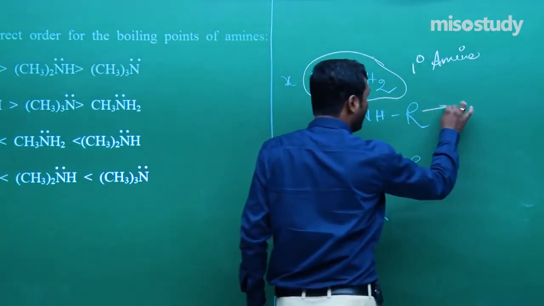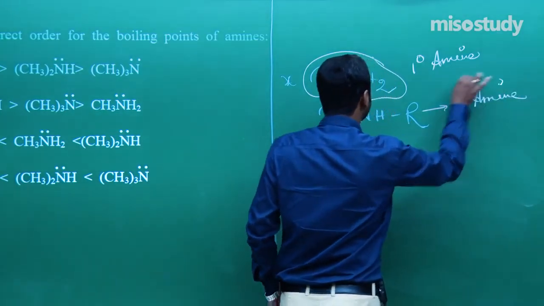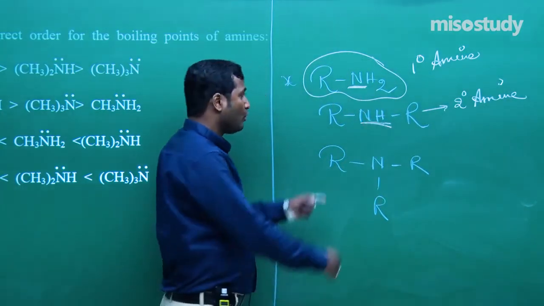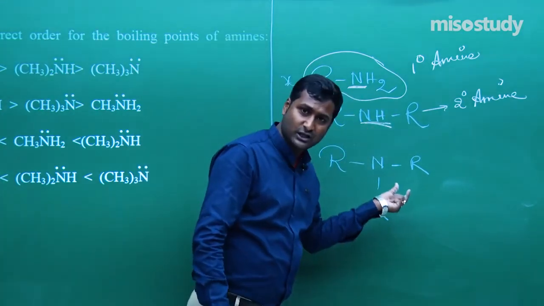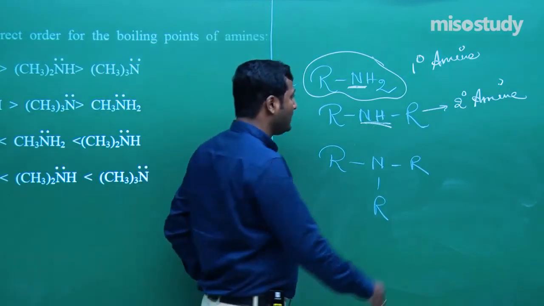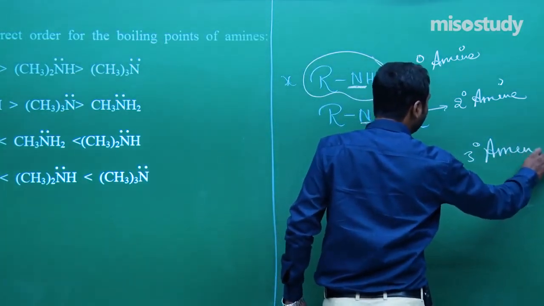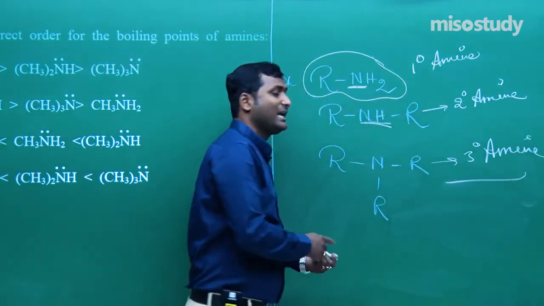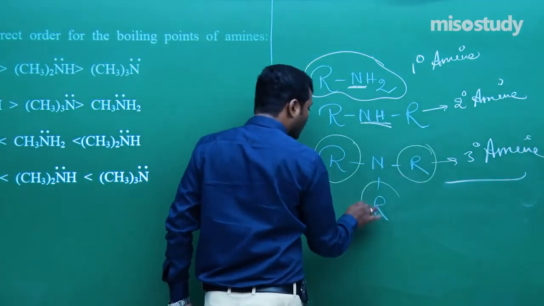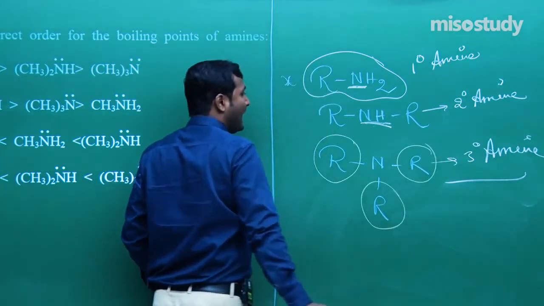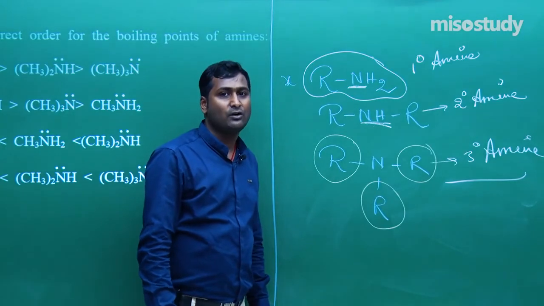In secondary amine there is only 1 hydrogen, so in comparison to 1 degree amine it will have less association. In tertiary amine, no such hydrogen is attached to the nitrogen, and the presence of bulky groups also hinders the formation of hydrogen bonds.